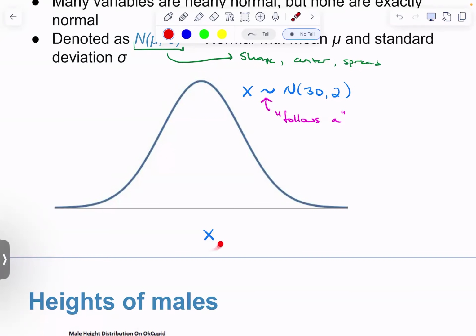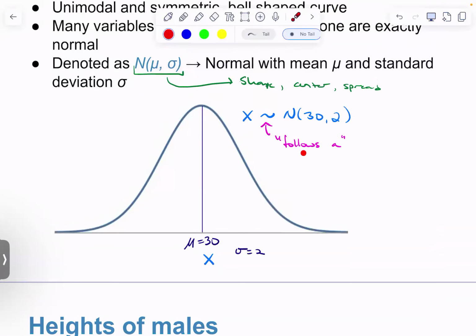So all my measurements for x are down here on the x-axis. Not terribly confusing, but can be. The center, we know, is at mu equals 30. And then we're told that sigma is 2.